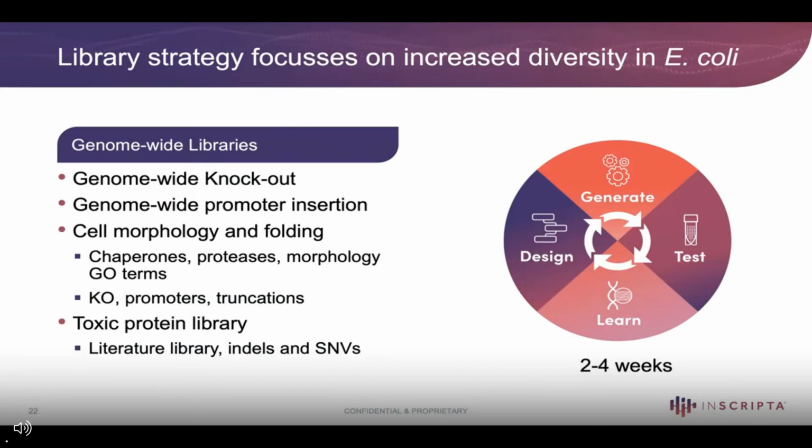The cell morphology and folding library targeted all the genes associated with anything having to do with cell morphology or protein folding, by knocking out, dropping in promoters, and truncating all of those so that we could look specifically at edits of interest. These would include chaperones, proteases, Z-ring formation, et cetera. And then we also have a toxic protein library, scraped from literature-reported variants that seem to have improved expression. These are small insertions, deletions, or single nucleotide variants that were generally reported.